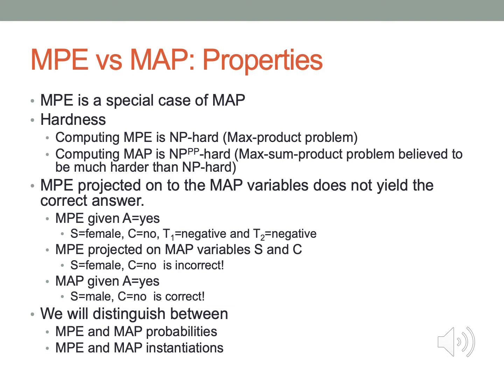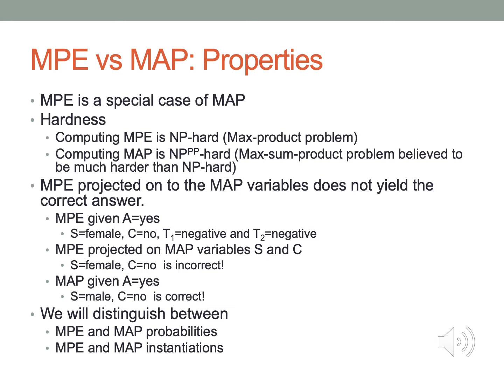Even though this is obvious to many researchers, it is often tempting to do this in practice. This is because MPE is an easier problem, and thus we can use MPE algorithms if we project the MPE assignment on the MAP tuple to solve the MAP problem. Unfortunately, you have to be careful, as I said, because it will often yield incorrect results.